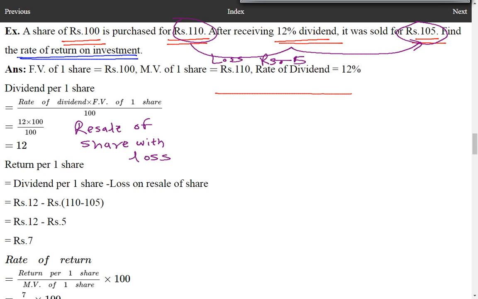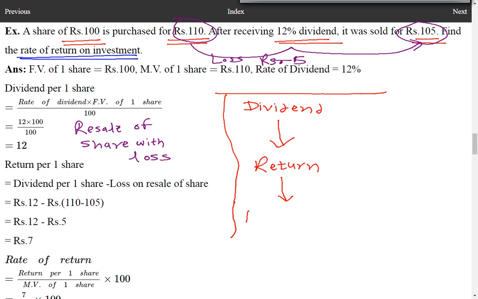Again, the outline is going to be the same. How do we find rate of return? Remember this outline. First we find dividend, then we find return, and after that we find rate of return.